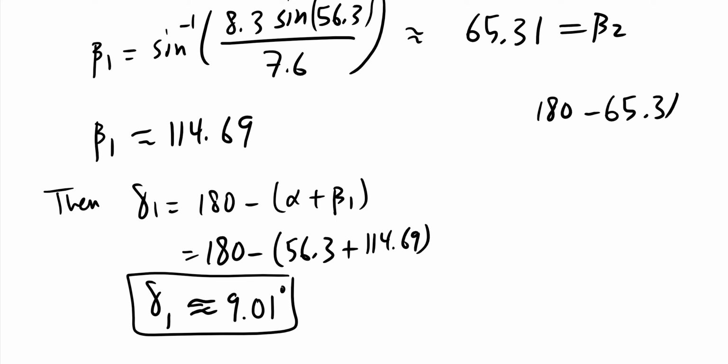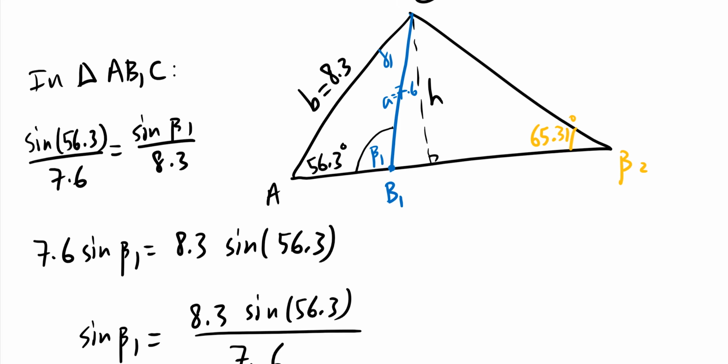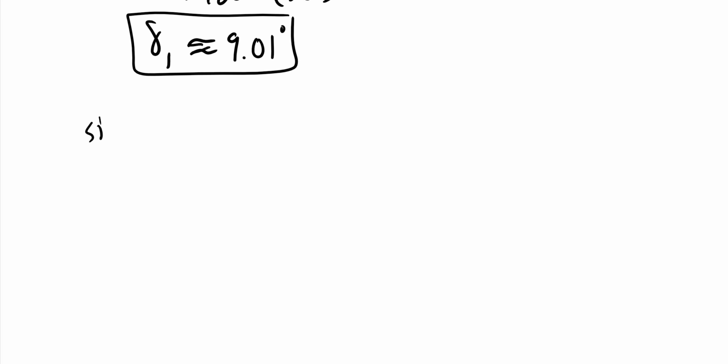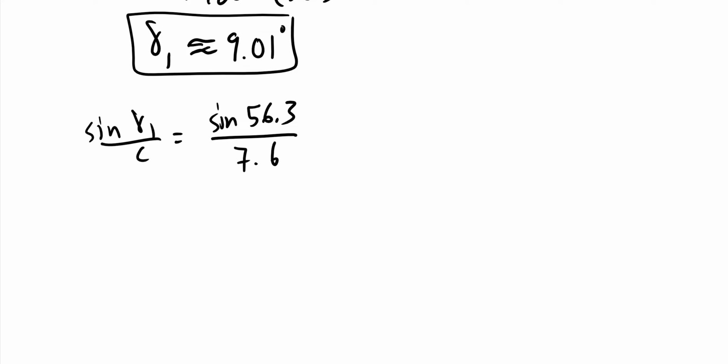The only thing left to find: we have A, B, and we need to find C. So we can say sine gamma 1 over C equals sine 56.3 over A. A was 7.6. Gamma 1 is the one we just found, so we substitute 9.01.